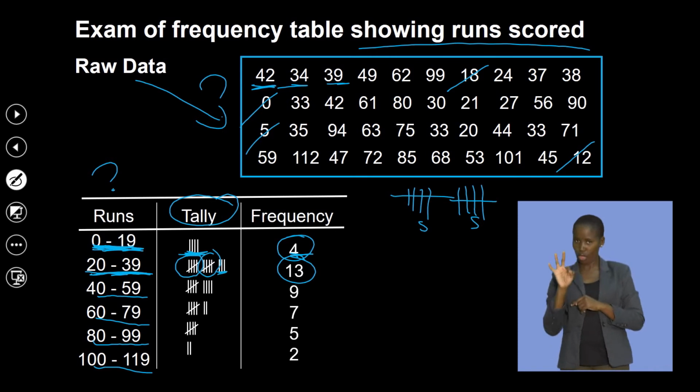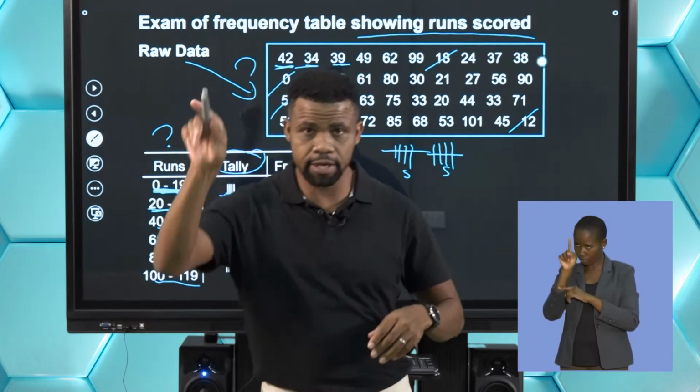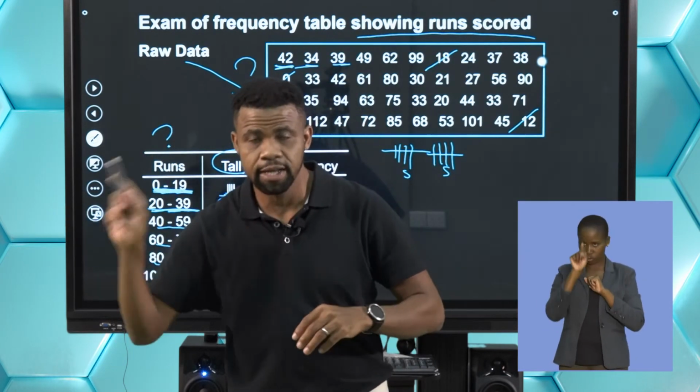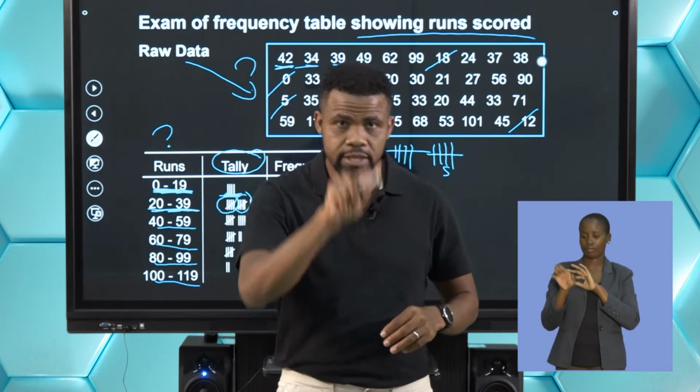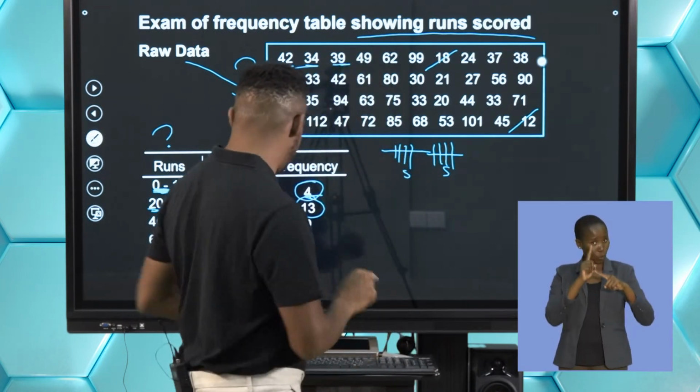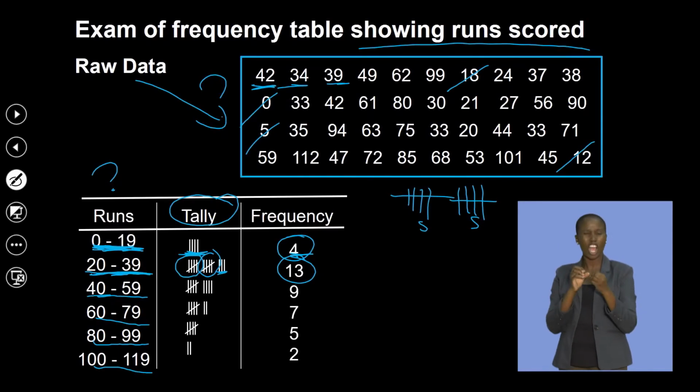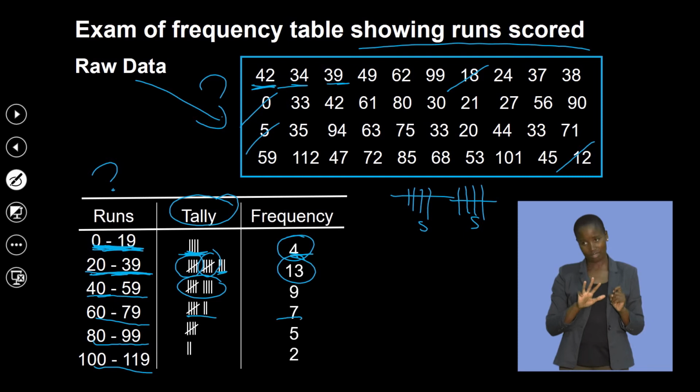It's 1, 2, 3, 4, a line, that means 5. Another one, 1, 2, 3, 4, a line. It's 10 plus 3 lines, which is 13. Then 40 to 59, which is 9, and 60 to 79, which is 7, and we have 5 there, and we have 2.